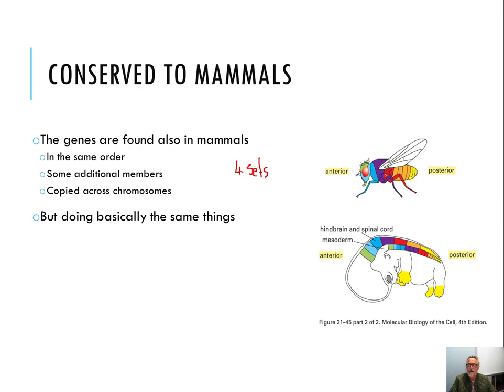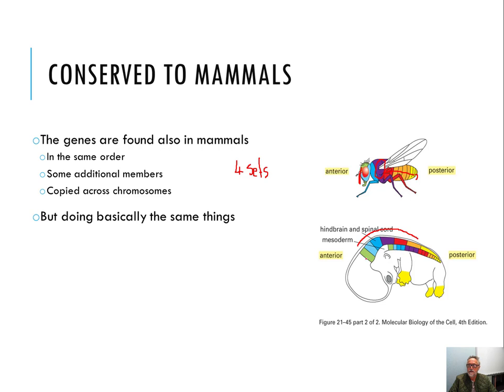So in this fruit fly, again using that colour coding, green is doing the head end of the body, the mauve is doing the first limbs and the wing, and then you go down to the posterior ones. Within the human, the mammal, the same thing occurs.